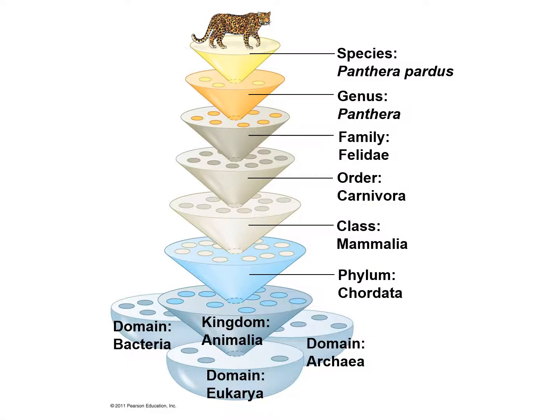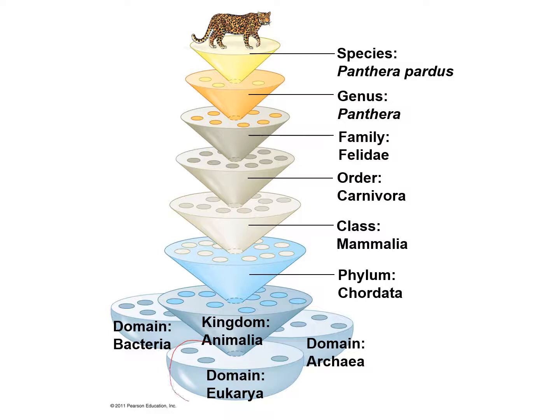We'll take a look at the taxonomic naming of a leopard as an example. At the very top, we have a specific species of a large cat, the leopard, and we'll see how we can work our way down to that specific organism, starting out at a broader taxonomic division. We have talked about three domains of life: the domain Bacteria and domain Archaea, that are both made up of prokaryotic cells.